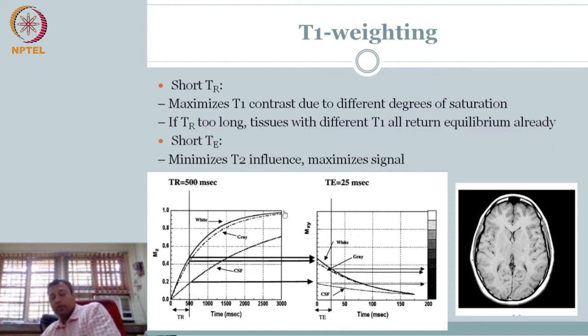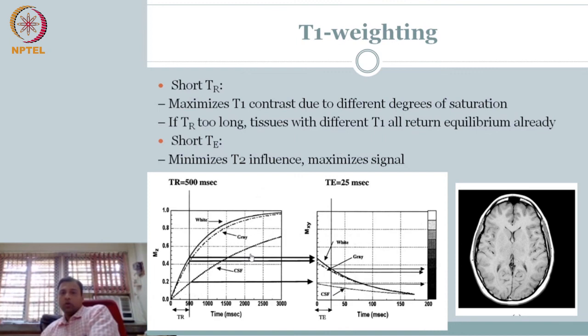If I waited here, I would get the maximum signal, but I'm stopping in between, so I have some signal. I start from that location and allow it to go down, but not too much, because then it's T2. So I wait, and with the shortest TE possible, I take the signal. Now I will be able to differentiate based on T1: white matter, gray matter, CSF.